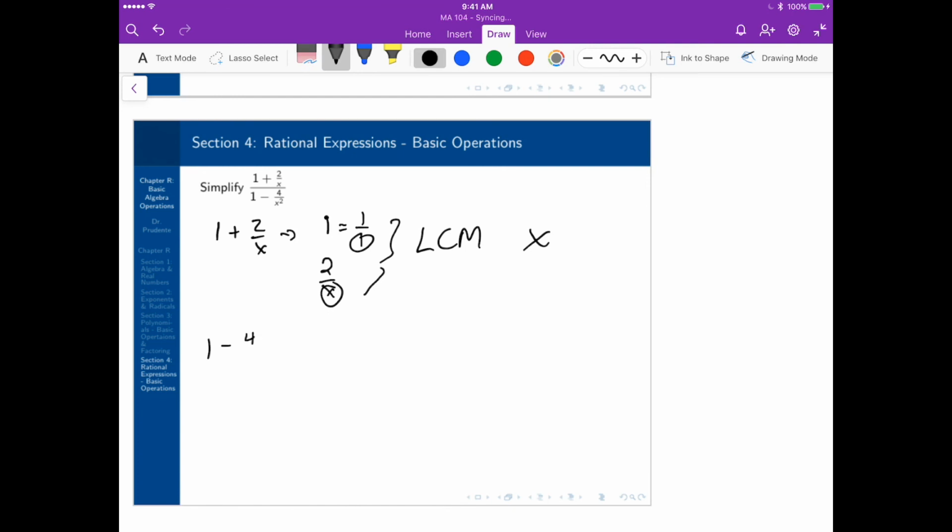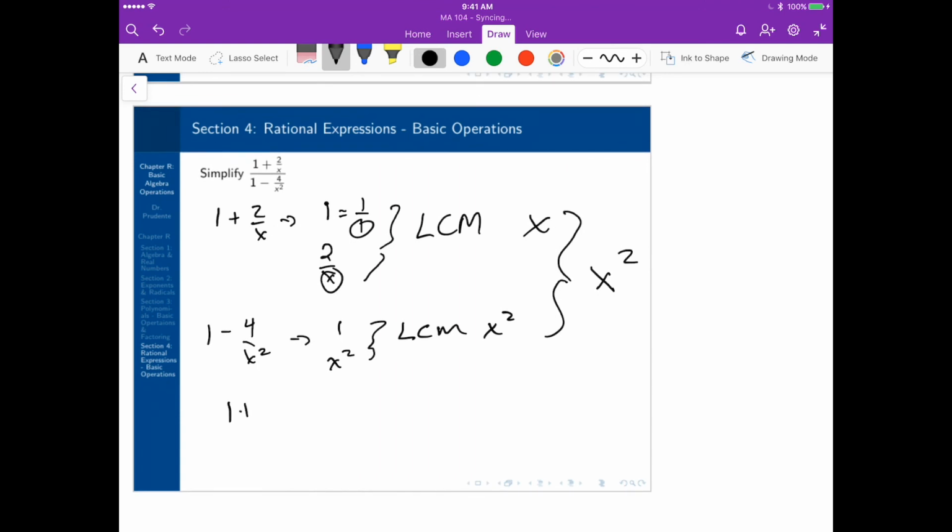Likewise, I look at my denominator. I have 1 and x squared for my denominators. So my LCM is going to be x squared. And so I look to find an LCM of LCMs. I look at x to the highest power there, so that's x squared.